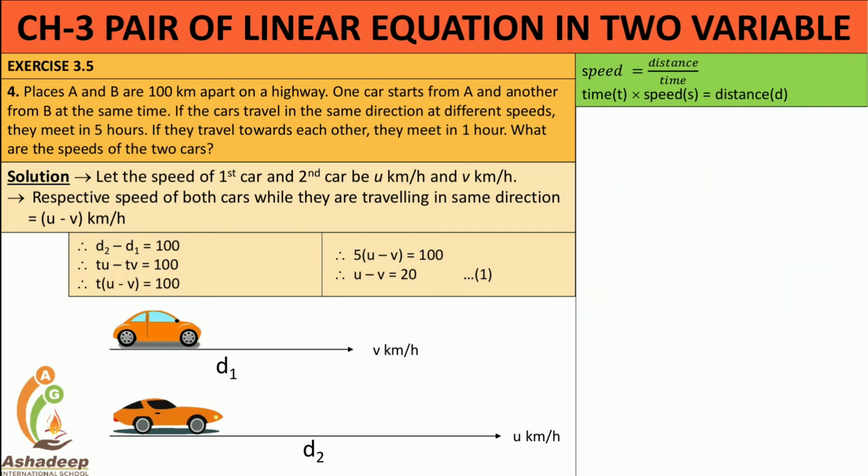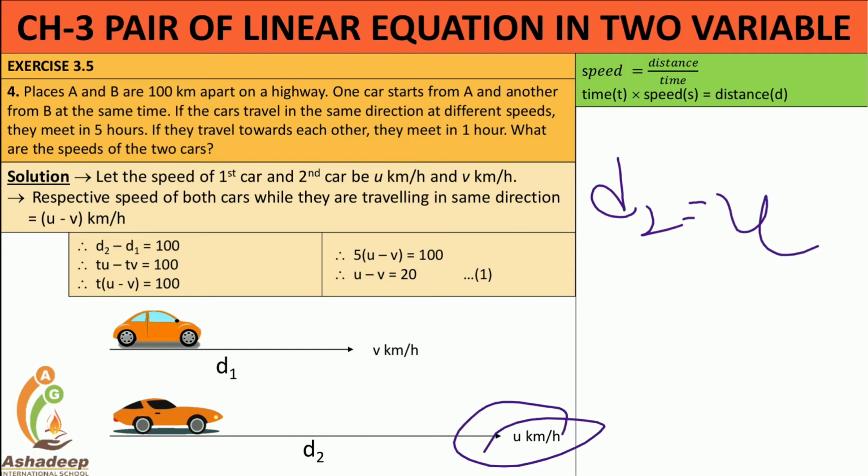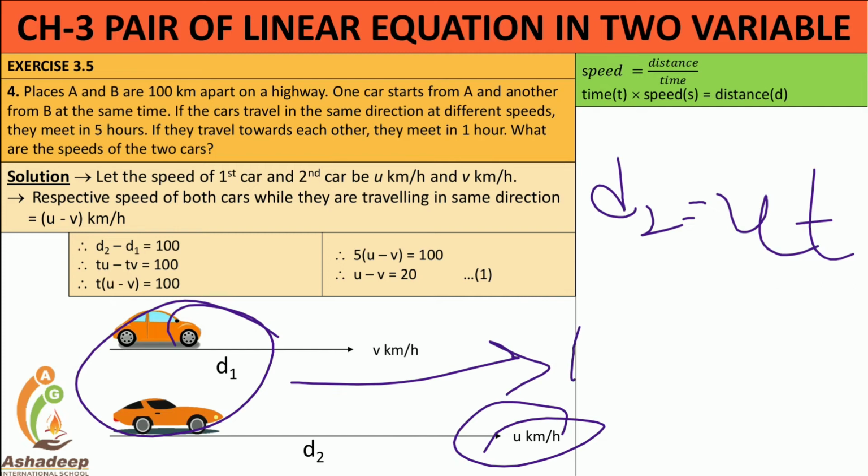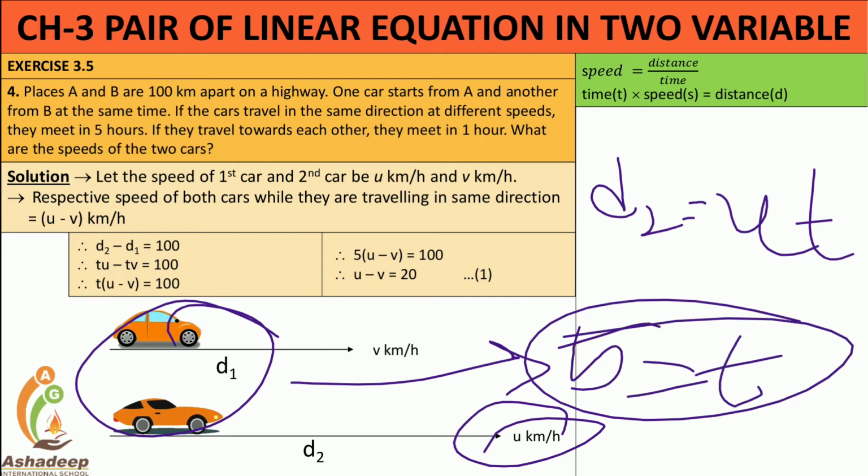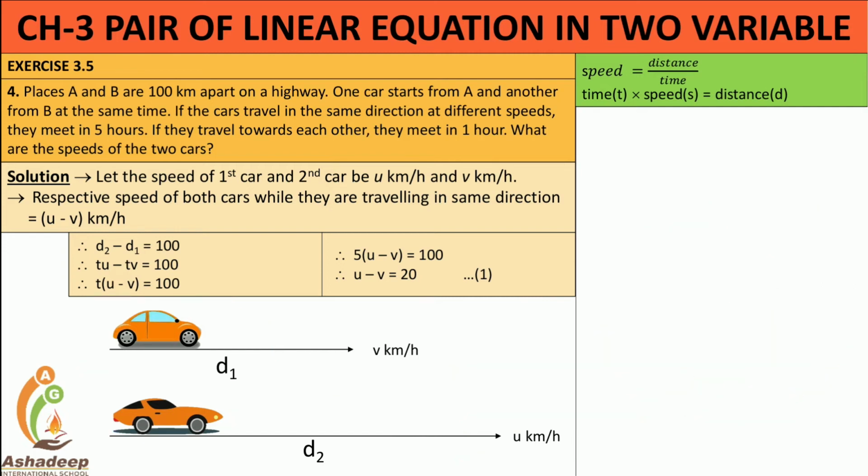Okay, now let's see. D2 is equal to, now distance is speed into time, so the speed for D2 is u, so u into time. Time is, for example, t, because both cars take 5 hours, so our t is 5.